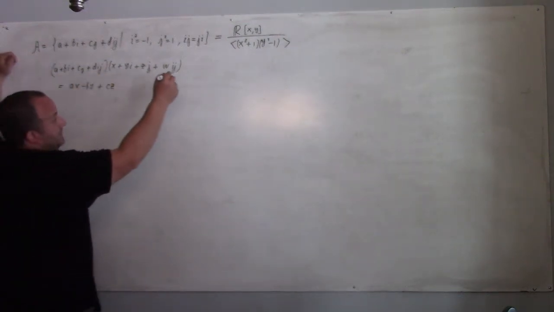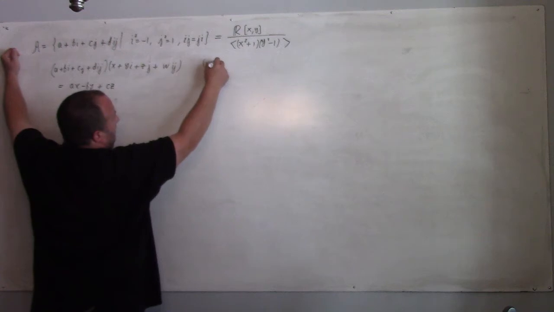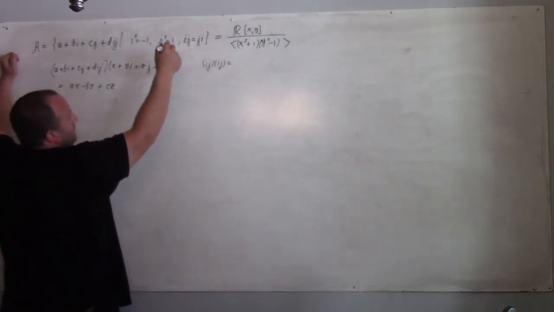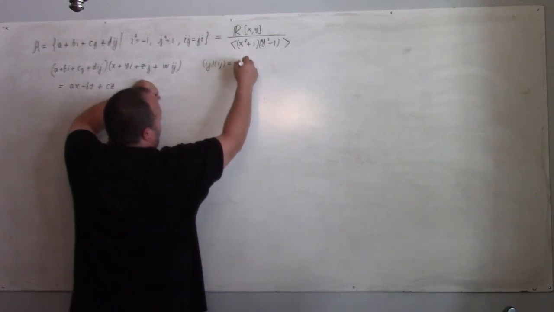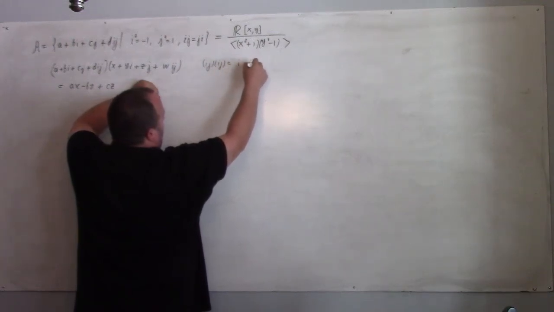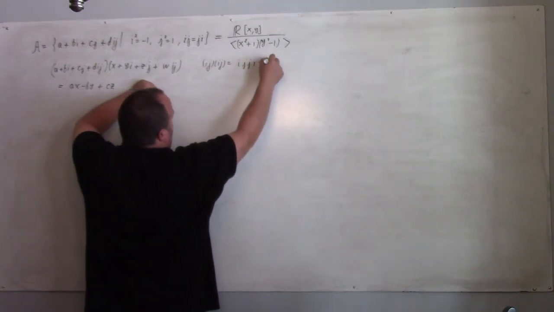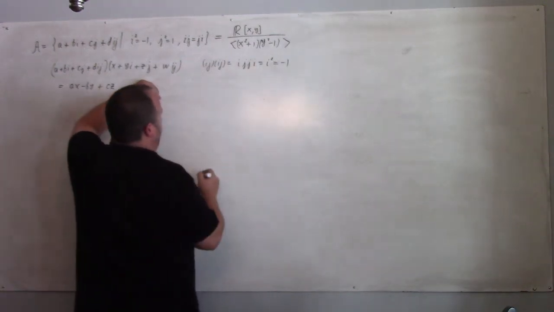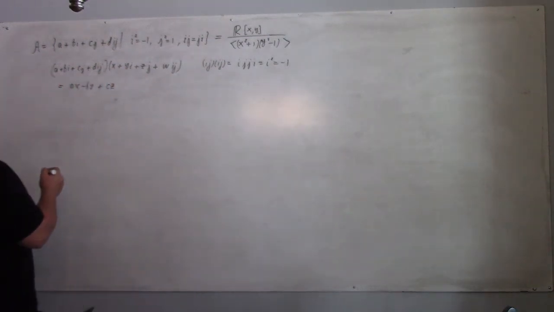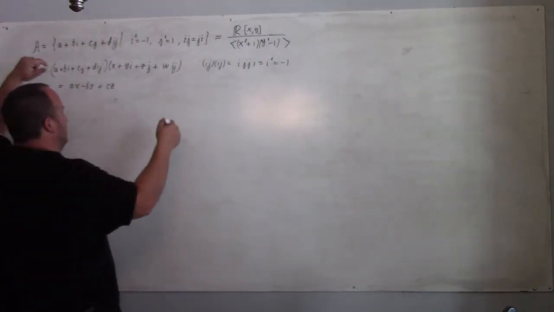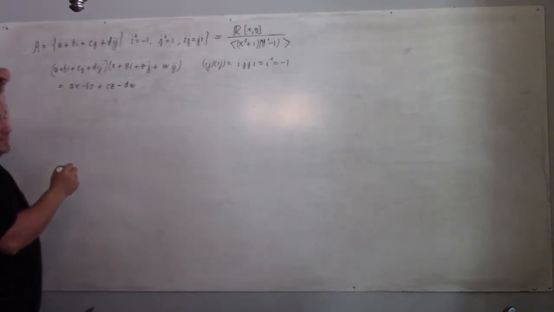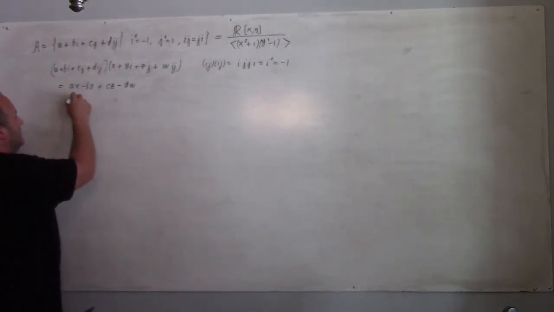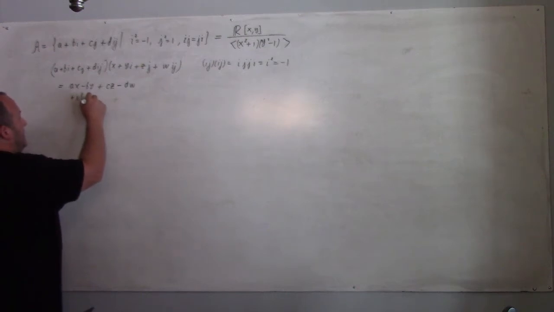What's IJ squared? -1. So minus DW. And then plus I times (BX plus AY).